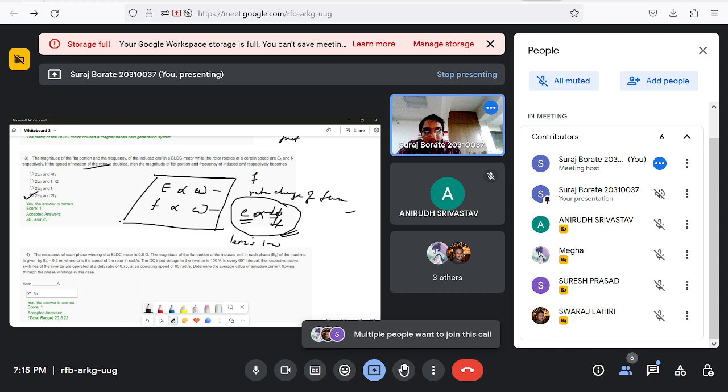We also use this symbol in the DC motor section. In every 60-degree interval the respective active switches of the inverter are operated on the duty ratio of 0.75. So the duty ratio D is equal to 0.75 and omega is equal to 60 radian per second. Determine the average value of the armature current.